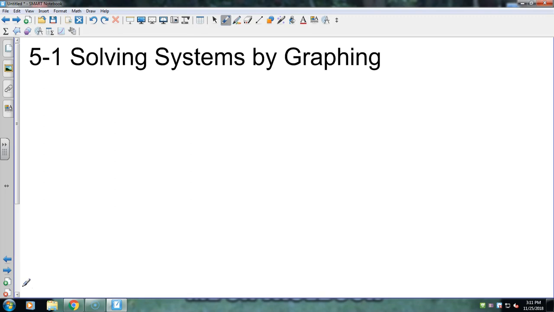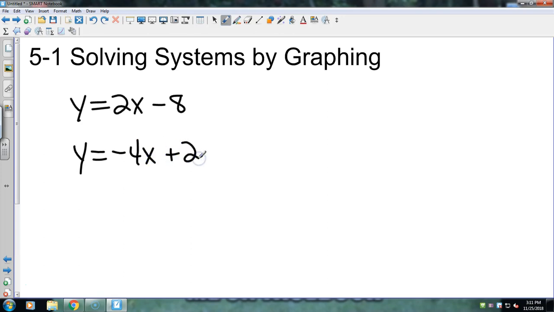So here we go, systems. In the last chapter, we maybe graphed something like this, and then maybe we graphed something like this. So in that first one, we have a slope of 2 and a y-intercept of -8.